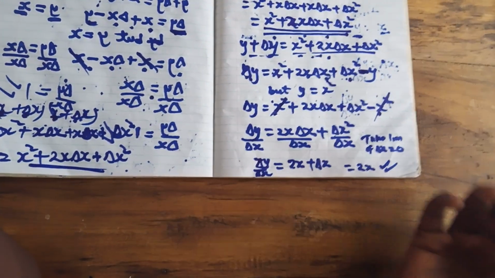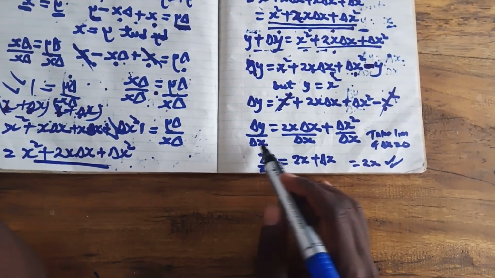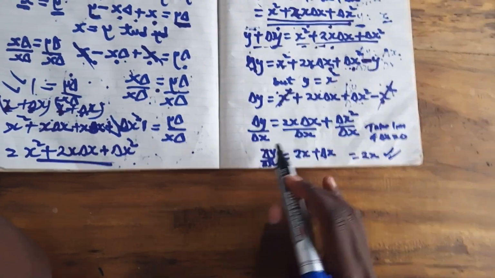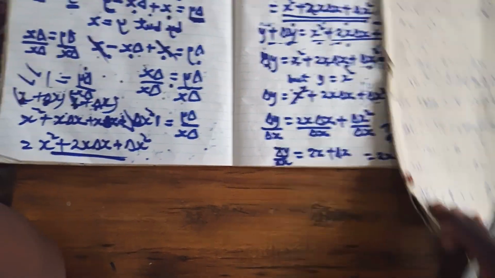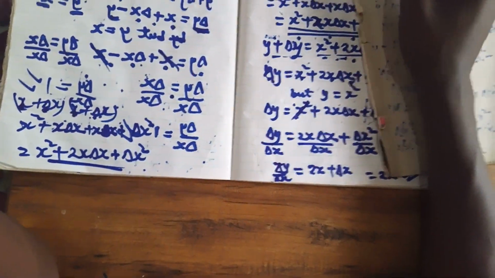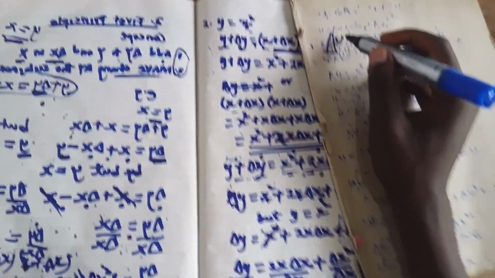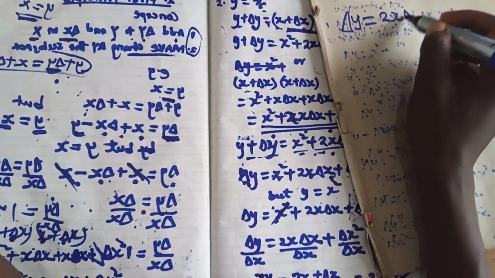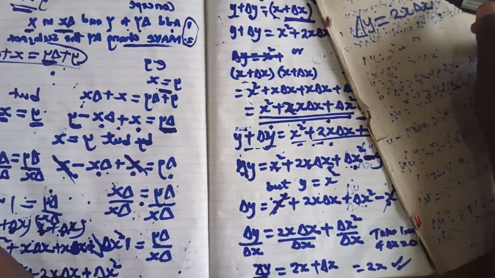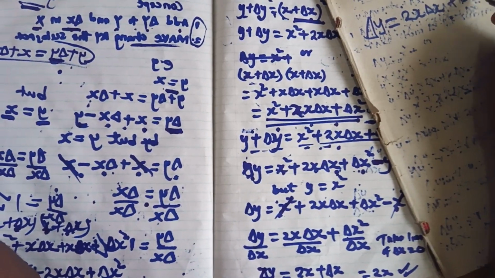So we will have change in y, the subject of the formula, change in y is equal to 2x change in x plus change in x squared.